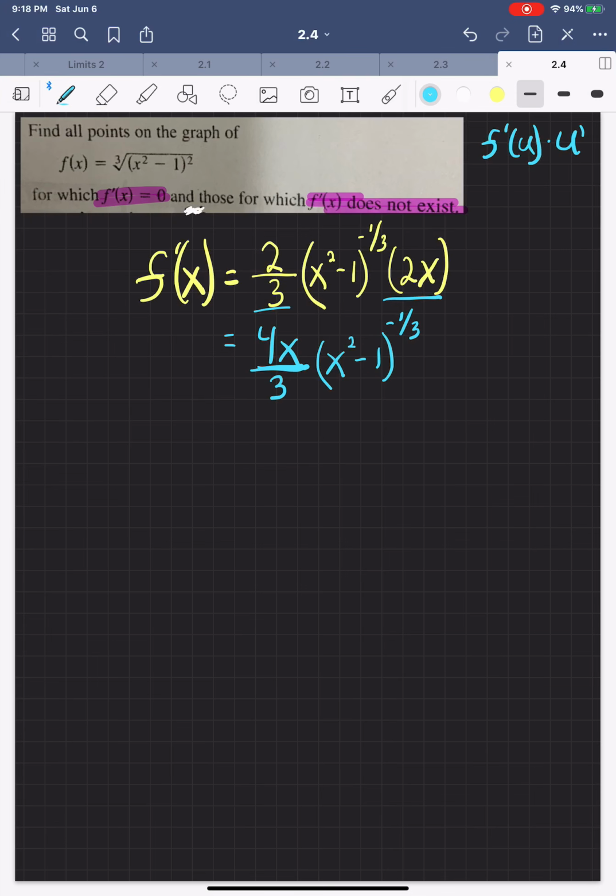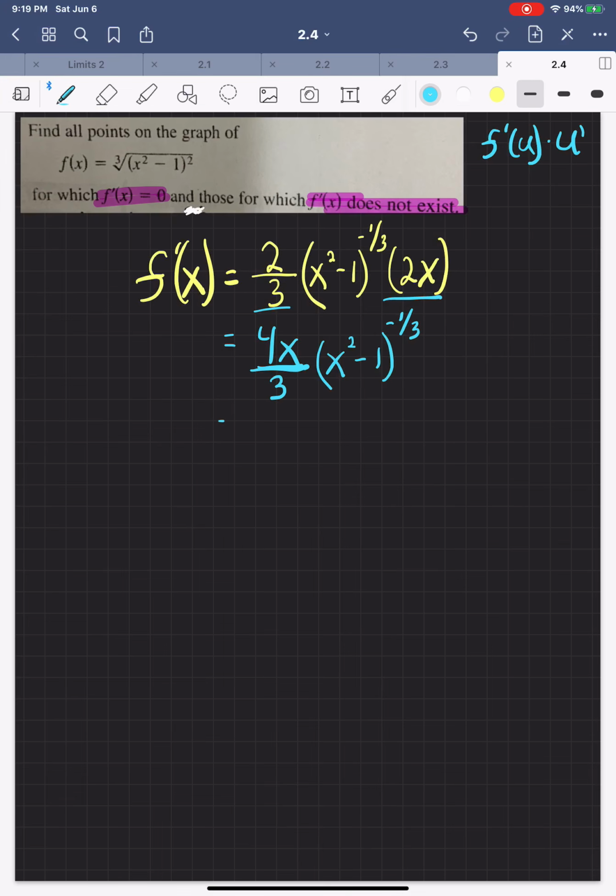Any base with a negative exponent, I want to move. Make sure you understand that this is my base, the x squared minus 1, all of that is being raised to a negative exponent. When I move it, the negative 1/3 turns into a positive 1/3, but I want to make sure I move the entire base.